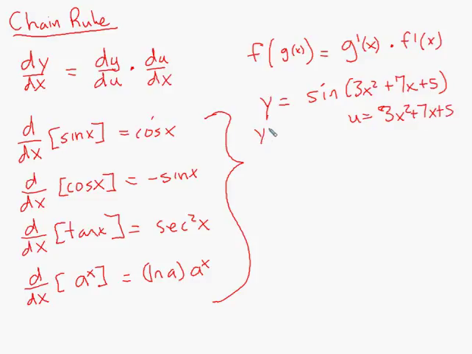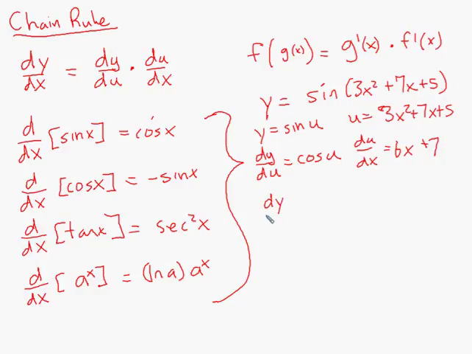That means my function is now y equals sine of u, with all the extra stuff inside. Then the derivative of y with respect to u is cosine u. And the derivative of u with respect to x, from yesterday, is 6x plus 7. Okay?